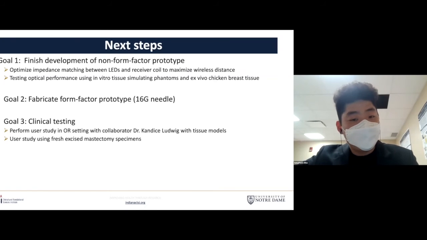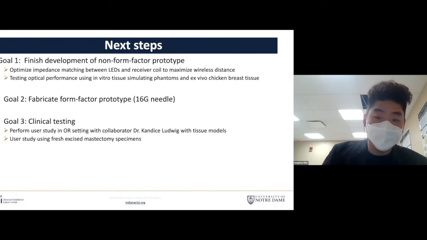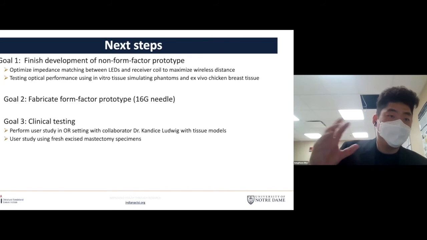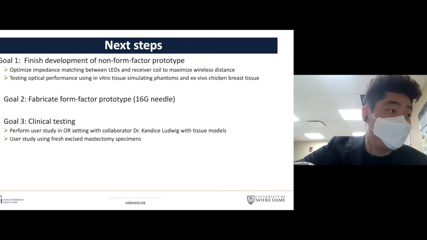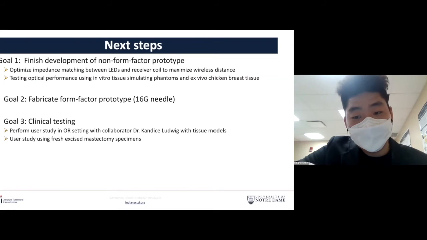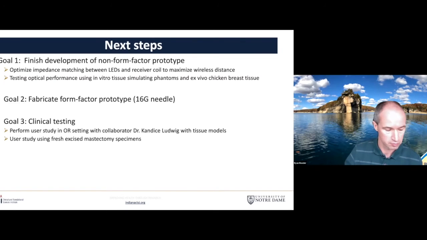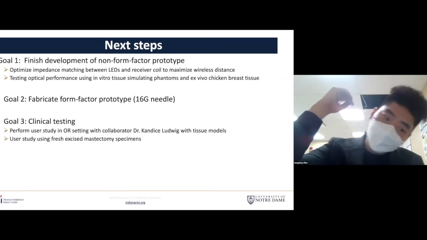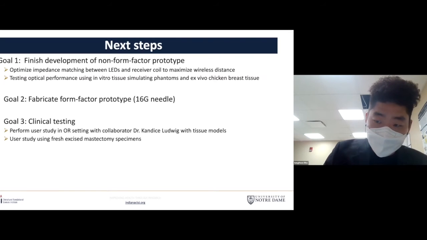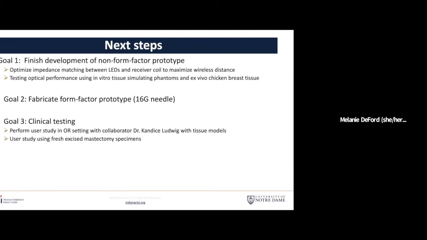One of our collaborators here, Dr. Candice Ludwig, will give us real human tissue so we can test our device in real tissue. Very good. Other questions? Maybe just a quick follow-up: where is Dr. Ludwig located? At Bloomington Medical School. Great. And just to know too, the Harper Cancer Research Institute here at Notre Dame has tissue samples, as does the Indiana CTSI.